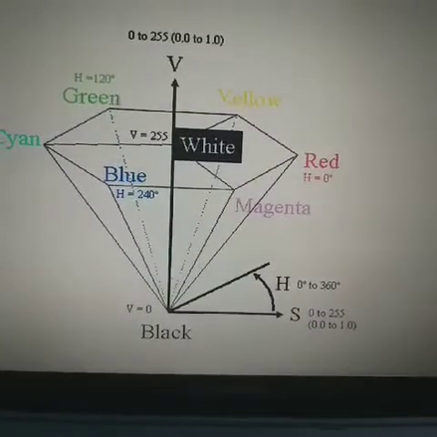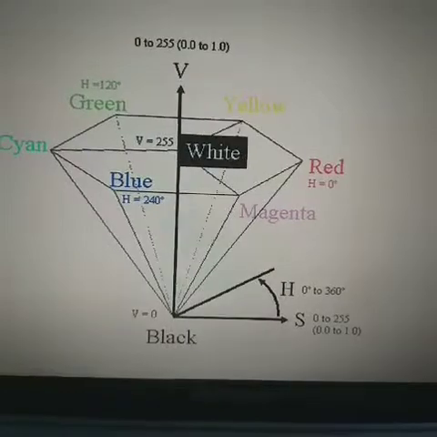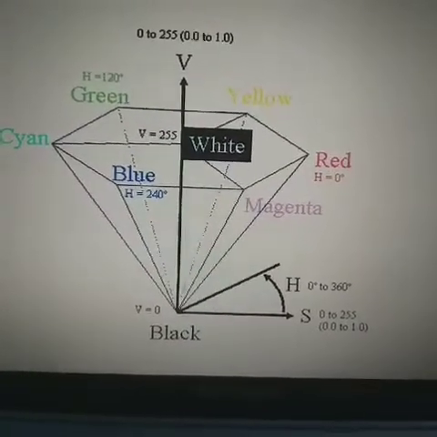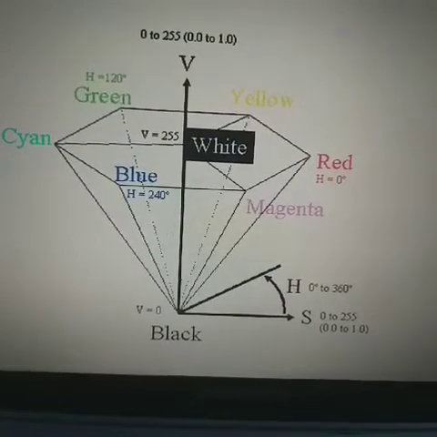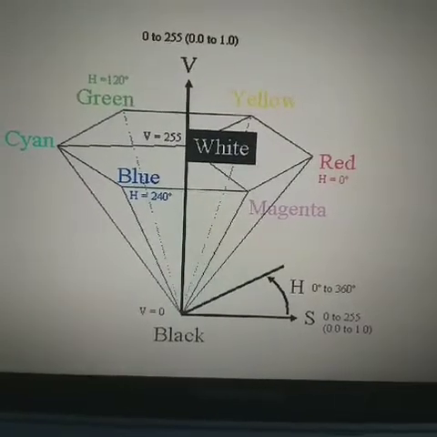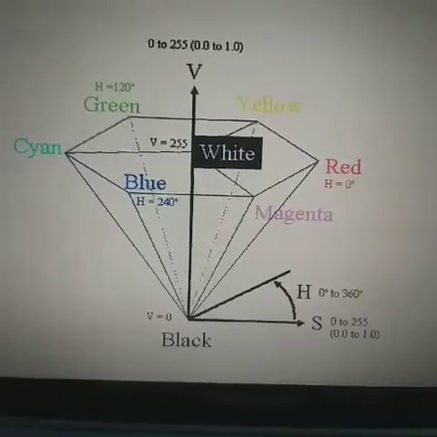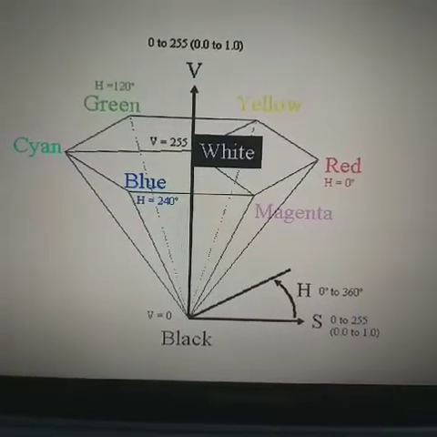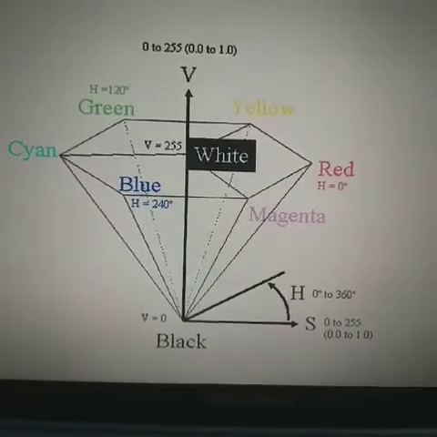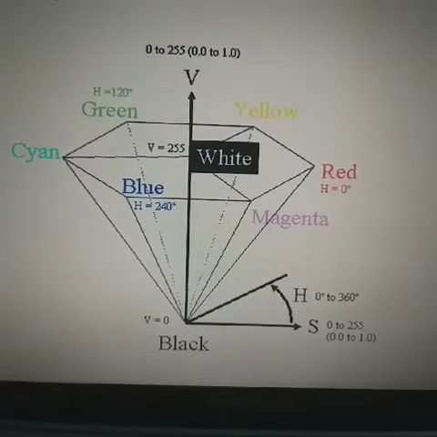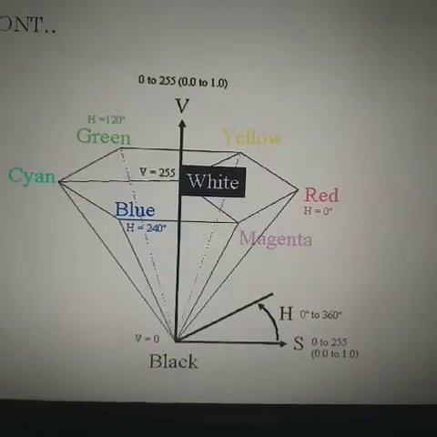The saturation value ranges from 0 to 255, or we can say it is between 0 and 1. The value, that is the intensity or brightness value, is also represented by either 0 to 1 or 0 to 255. These values are not dependent on each other, and mixing different values represents different color effects for the HSB.